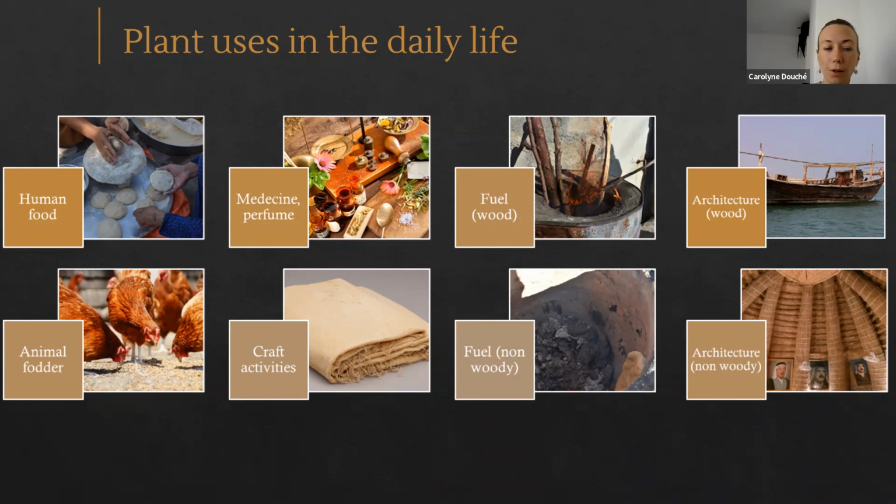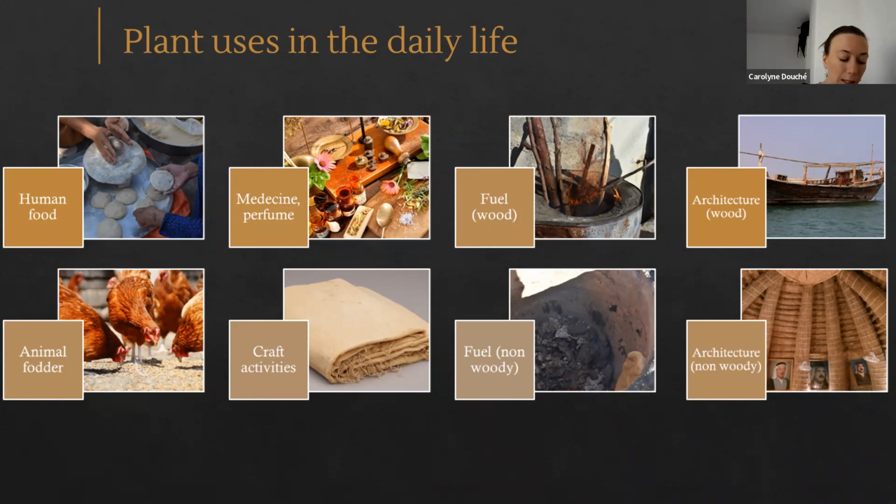Plants can also be used for craft activities, fiber for textile like flax or cotton, and a wide variety of wild plants. And also for dyeing. They can be used to make tools or be added to clay to reinforce pottery. Herbaceous plants and wood can be directly used as fuel or as a starter to make fire.